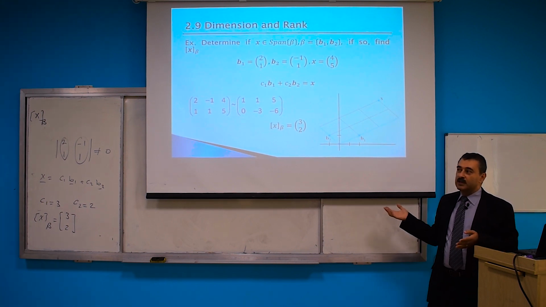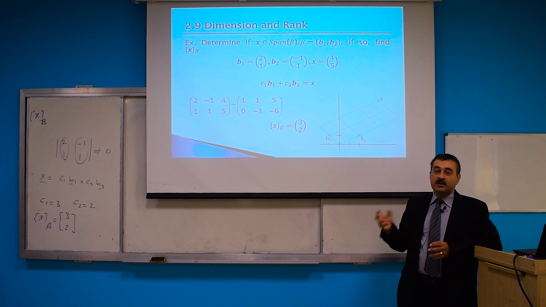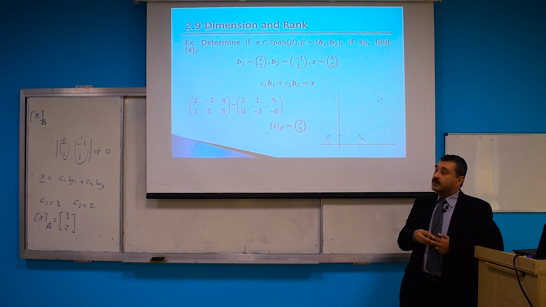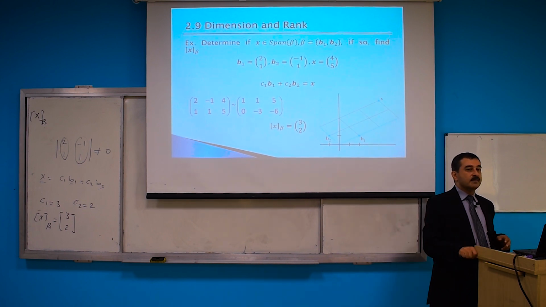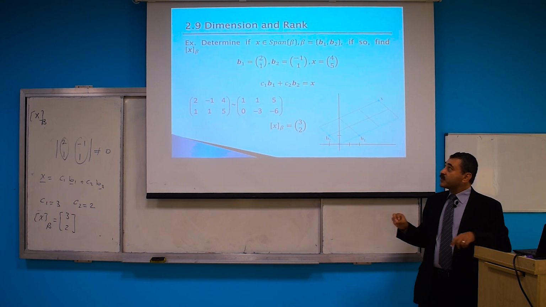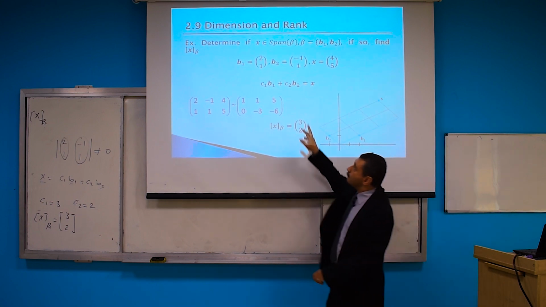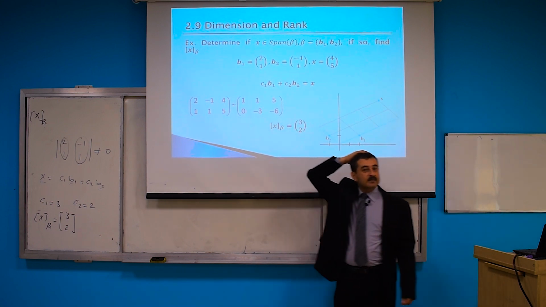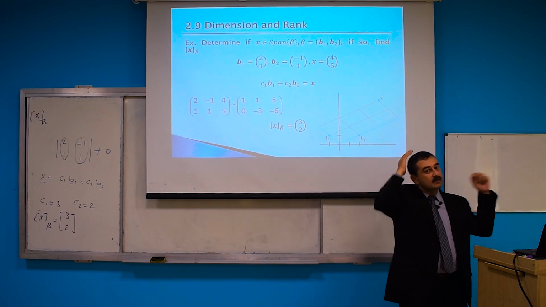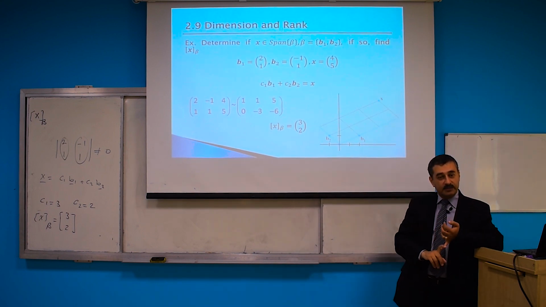We solve by Gauss elimination, but here b1 and b2 are linearly independent vectors. Does this problem have a unique solution when you solve in general for the c's? b1 and b2 are linearly independent, so for any x, you will get a unique solution.